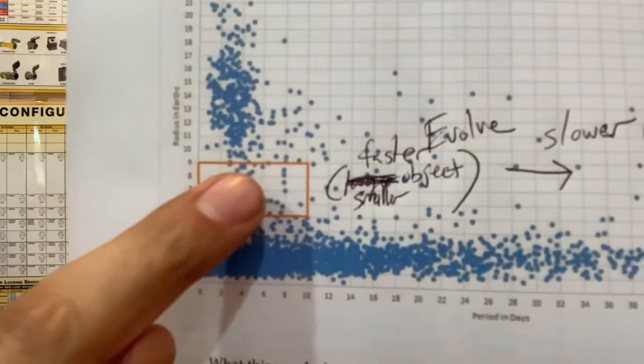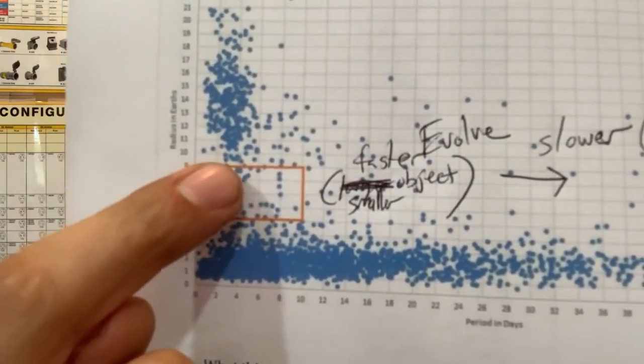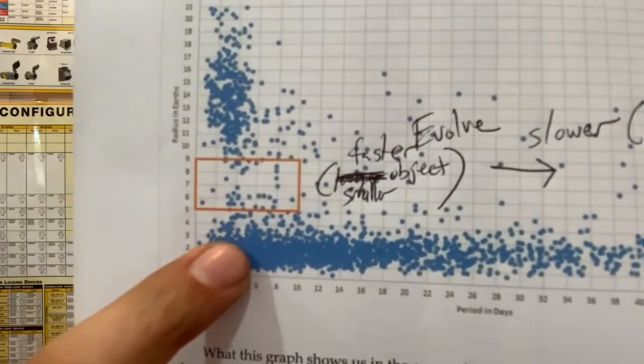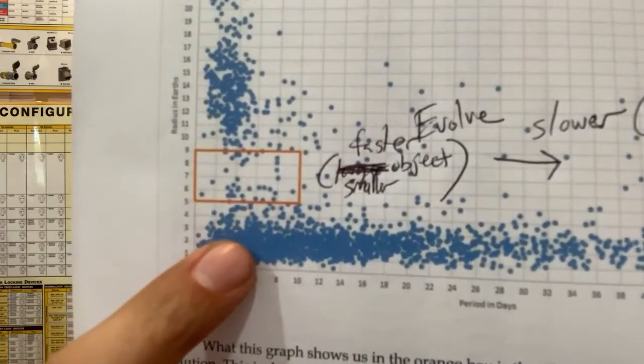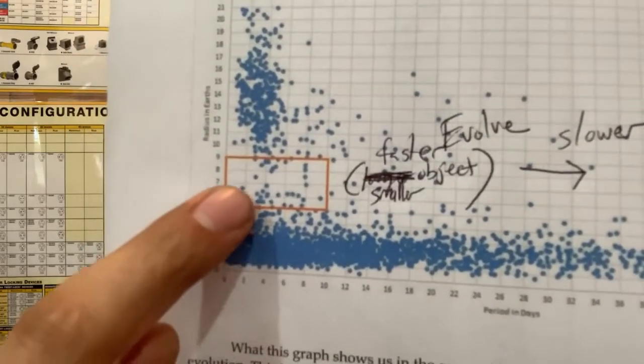If you look at these objects on the graph, they're probably going to be puffed out Neptunes or similar to Neptunes, and then they're going to be losing their atmosphere really quickly, and then they'll settle in to where a very thin atmosphere is left over, or if an atmosphere at all is left over. I'm not too sure if a lot of these objects down here even have the features like Earth does with the oceans and the atmosphere. A lot of them that orbit so close into their host have probably completely disintegrated. But that's just to show you how complex this is.